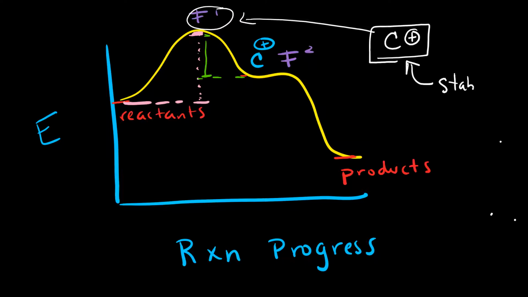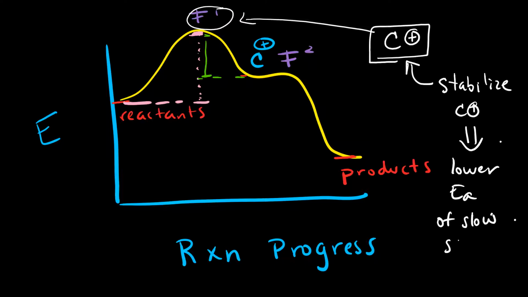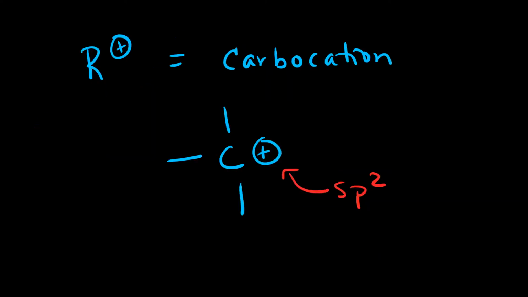So we're going to be interested in how to stabilize a carbocation, because this is going to lead to a lower activation energy of the slow step of the reaction. In the next video, you're going to take a look at factors that help to stabilize this carbocation.